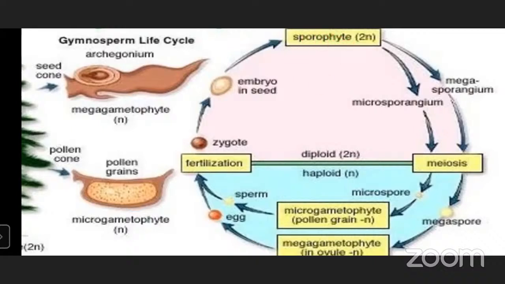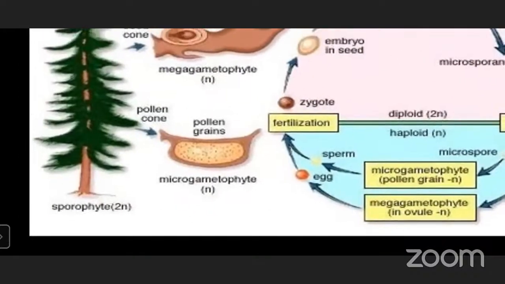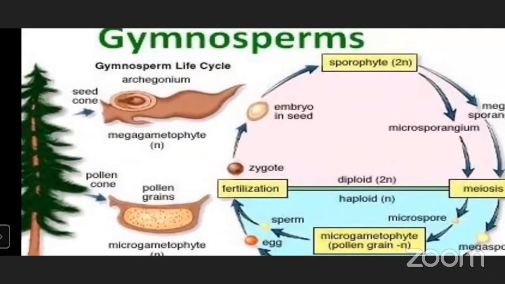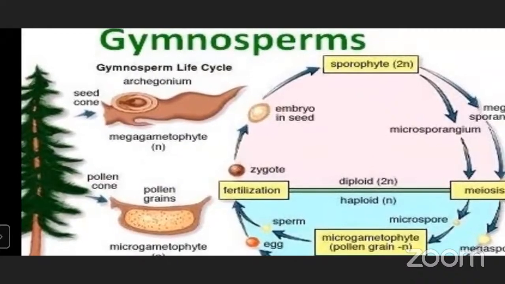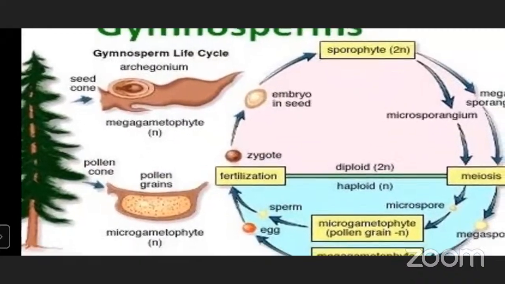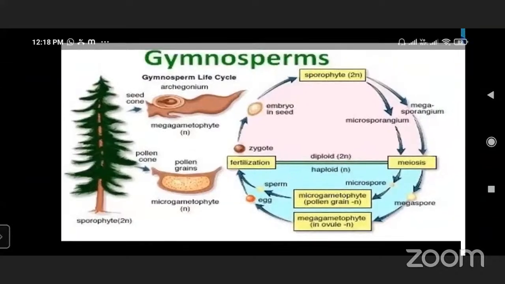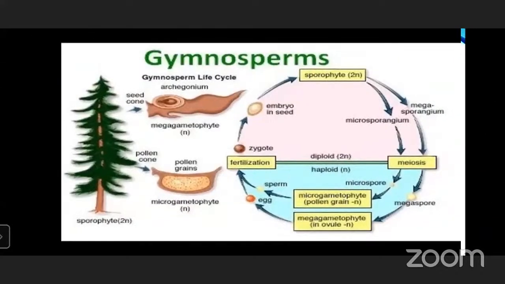In this manner, the sporophytic phase alternates with the gametophytic phase, and they show heteromorphic alternation of generations. The life cycle is the diplohaplontic life cycle, which is present in the gymnosperms.